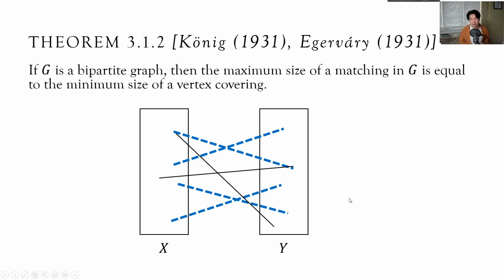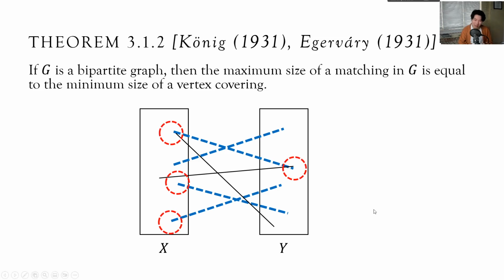So here I drew some random lines arbitrarily, and let's say that I have a matching. Here I'm denoting it with these dotted thick blue lines. So what's happening here? Let's say that this is a maximum matching, and maximal if we want to be exact. If this is a maximum matching in G, then if I look at each of these edges in my maximum matching, let's select one vertex from each one.